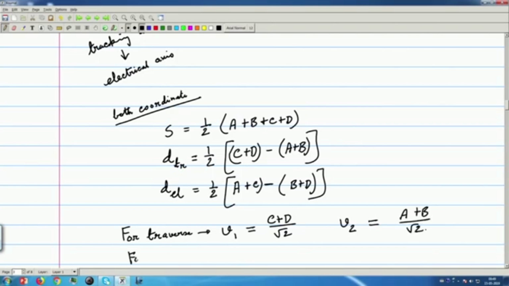And for elevation, V1 will be A plus C by root 2 and V2 will be B plus D by root 2.